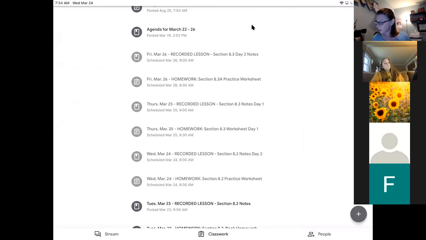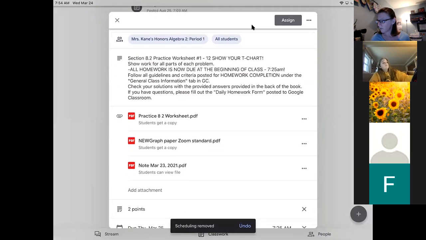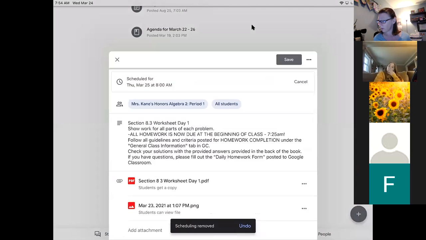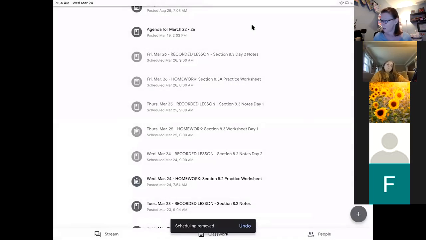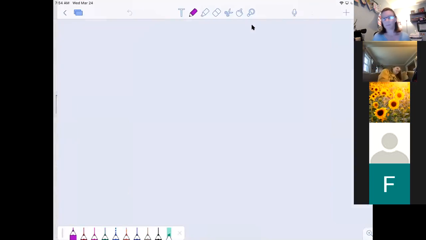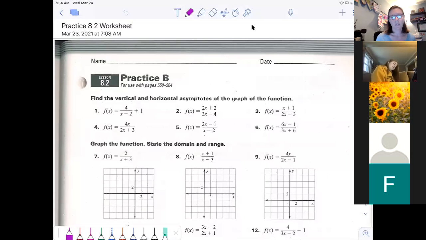you have a worksheet today. And the first part of the worksheet is actually just finding the asymptotes, and it's not graphing. So it's just getting you to recognize how to find an asymptote from your function. So I'll let you pull this worksheet up.